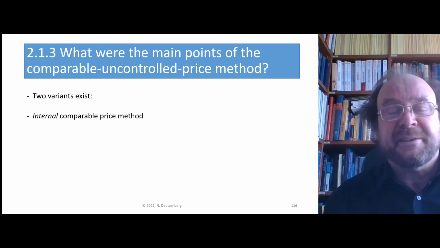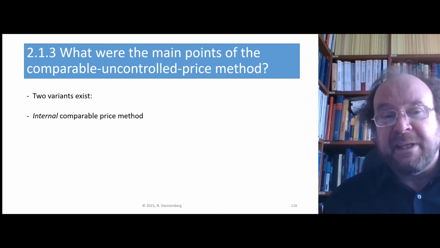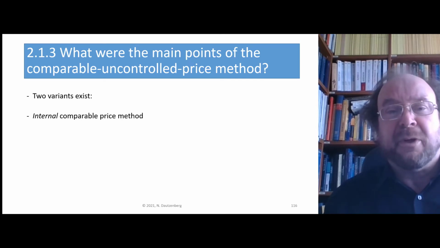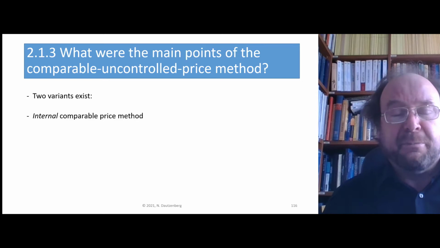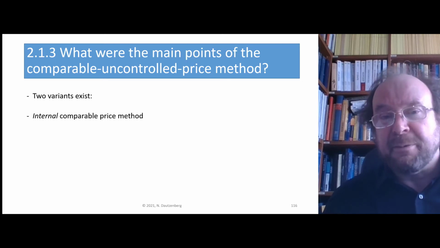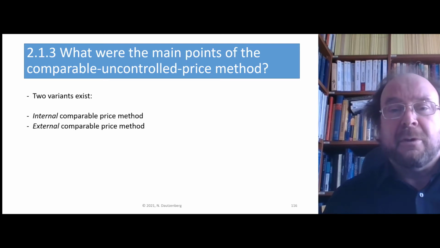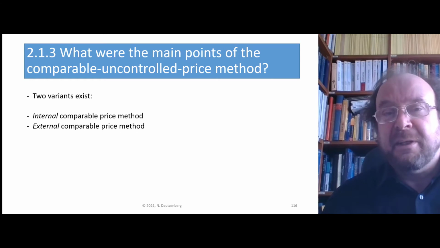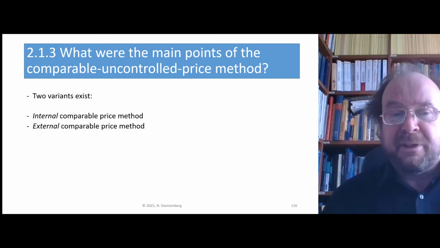So you can't exactly compare. Nevertheless, it is a possibility first to look to what do you yourself pay to others or demand from others. If that's not possible, or in addition to that, you can also opt for the external comparable price method.